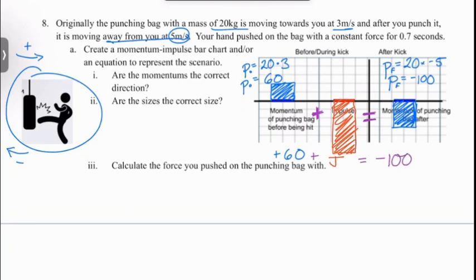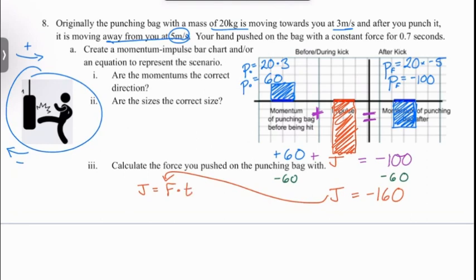And so to find J, or my impulse, I need to subtract 60 from both sides. And just be careful here, when you have negative 100 minus 60, that's going to be equal to negative 160. And then once you have that, you can remember that impulse is equal to force times time.